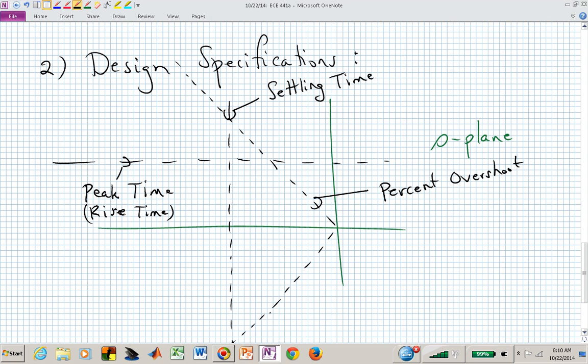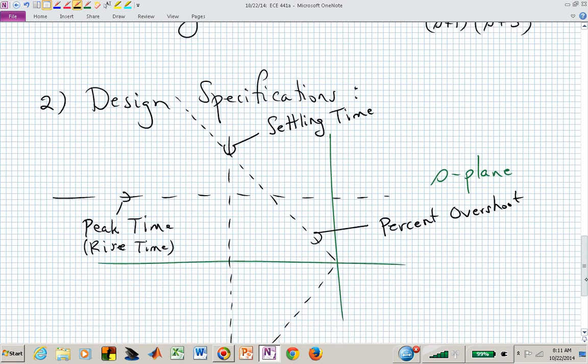It should be going up, right? If we want to reduce the peak time, meaning to make our system faster, we want to get there quicker, we need to have a faster system. So we need more omega sub d. We need to be higher up, further away from the horizontal line at 0. So those we've had.